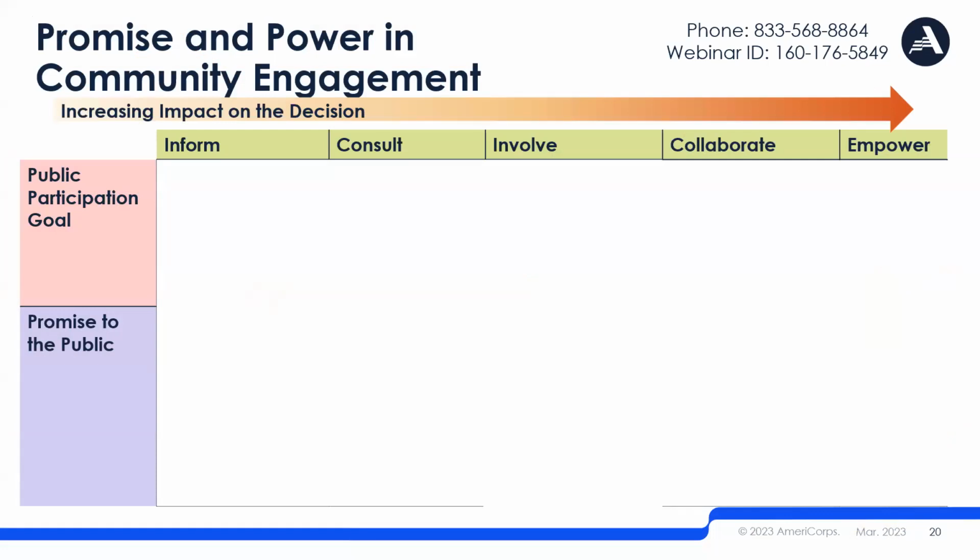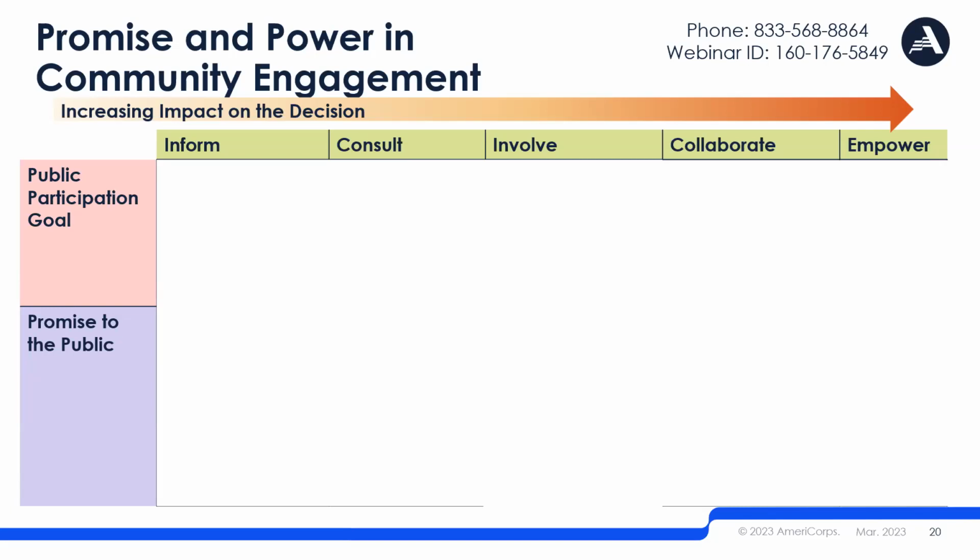So what I'm going to show you here is a spectrum of community engagement. It was created by the International Association for Public Participation, IAP2. It's a widely known and used framework, and one that I find particularly useful if you want to move your community engagement in the direction of increasing community agency and power.